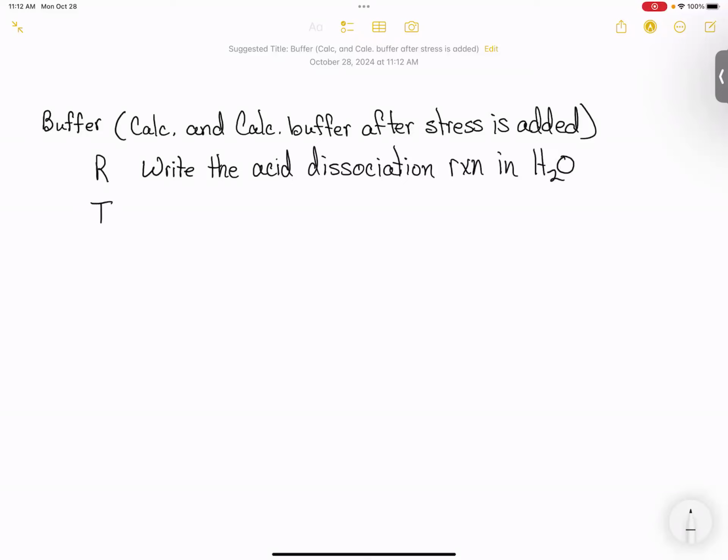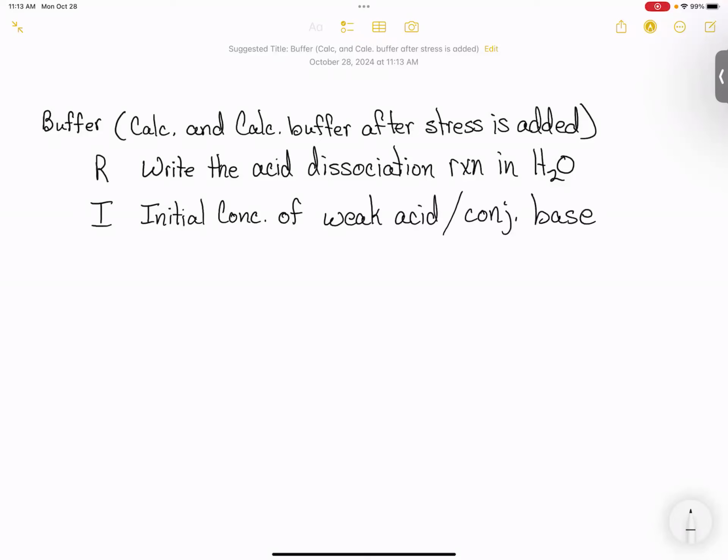For the I, it will be the initial concentrations of the weak acid and its conjugate base. For C, that is going to be the change. And the key to this is you have to remember that acids react with bases.